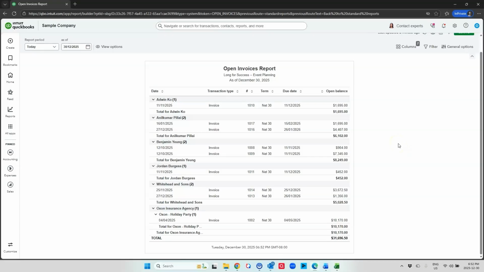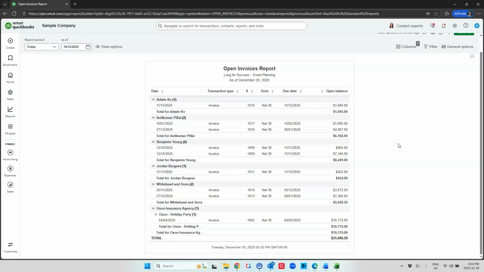Did Anil Kumar pay you in January and you've just recorded the payment incorrectly? And what's happened with this 10,000? It's unlikely you would leave $10,000 unpaid and not be aware of it. So this is a great place to look to see if you've recorded payments to your invoices properly.